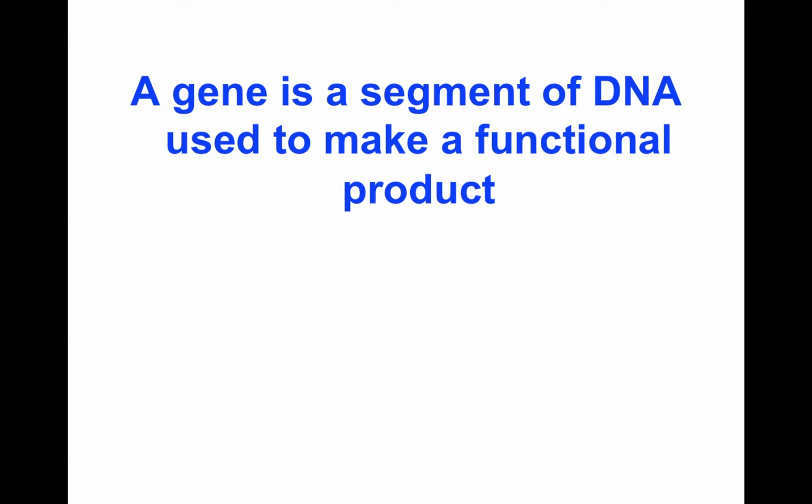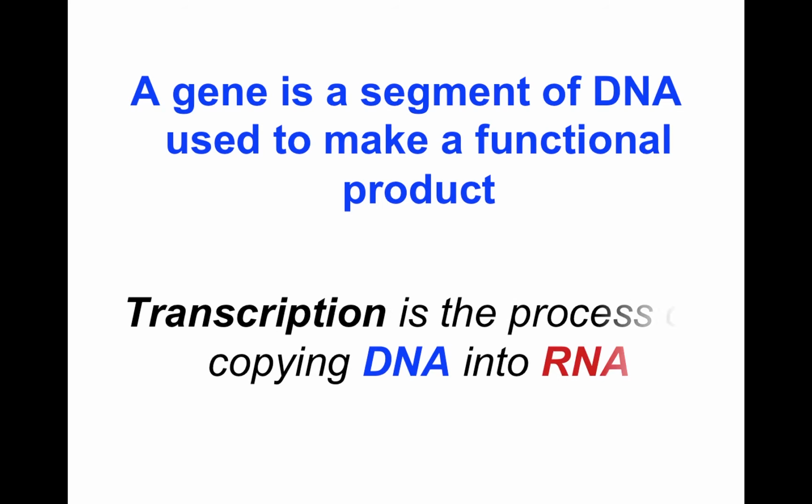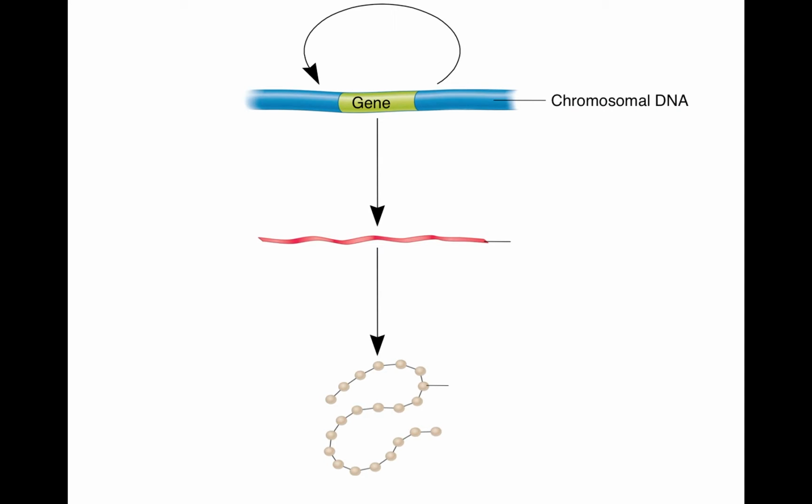A gene is a segment of DNA used to make a functional product. Transcription is the process of copying DNA into RNA. This diagram illustrates the major steps of the central dogma.